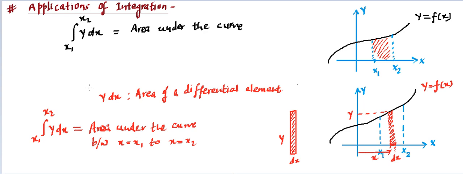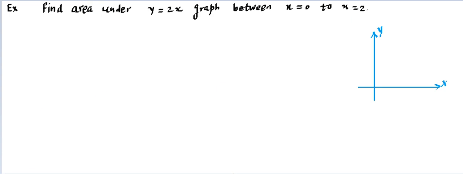After understanding this theoretical aspect, let me take one example that will illustrate how to use this and how to get that area, and we will also verify it by using another method that we know for area calculation. So here is the example. Example reads: find the area under the y equal to 2x graph between x equal to 0 and x equal to 2.